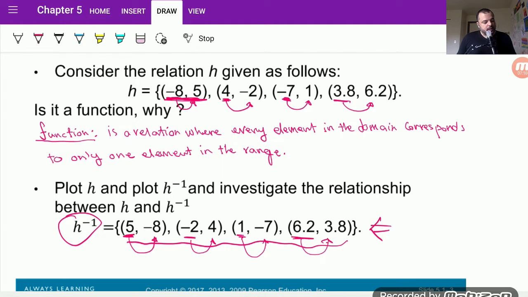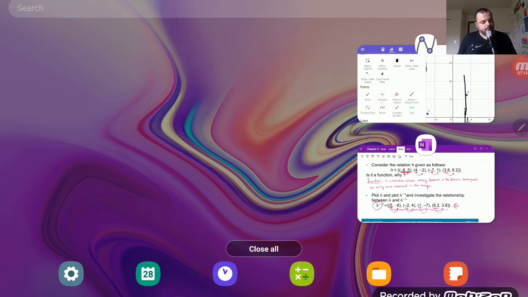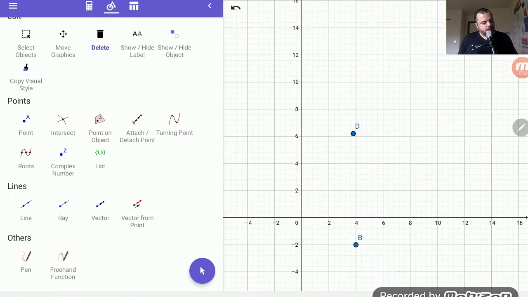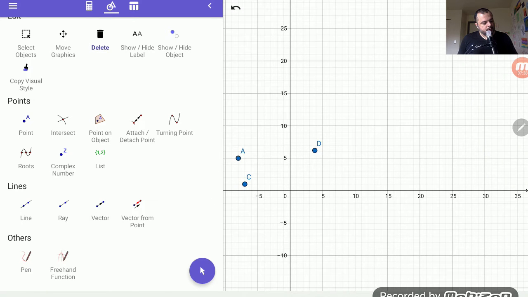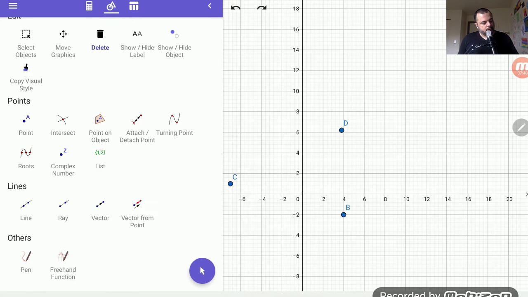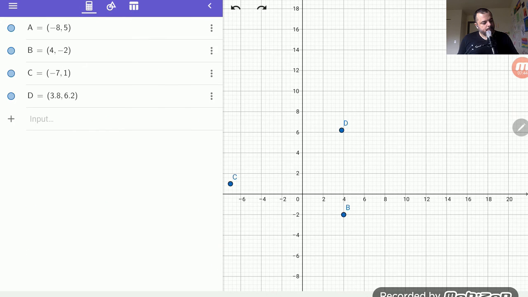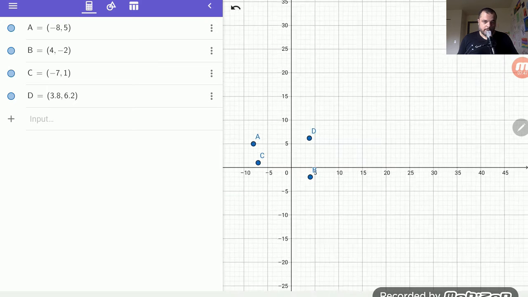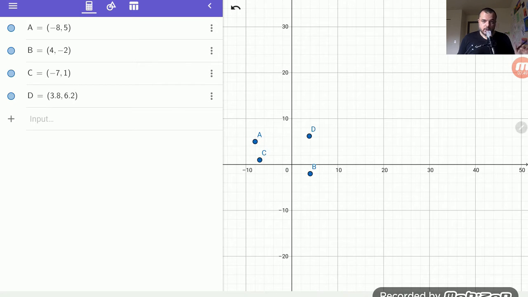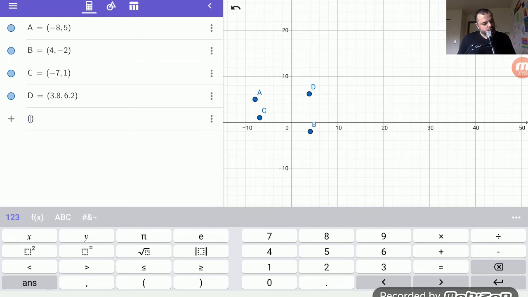So let's see this kind of relation on GeoGebra again. This is our first relation, A, B, C, D. Let's interchange the coordinates and see what's going to happen. The first one, we're going to have 5, comma, -8.